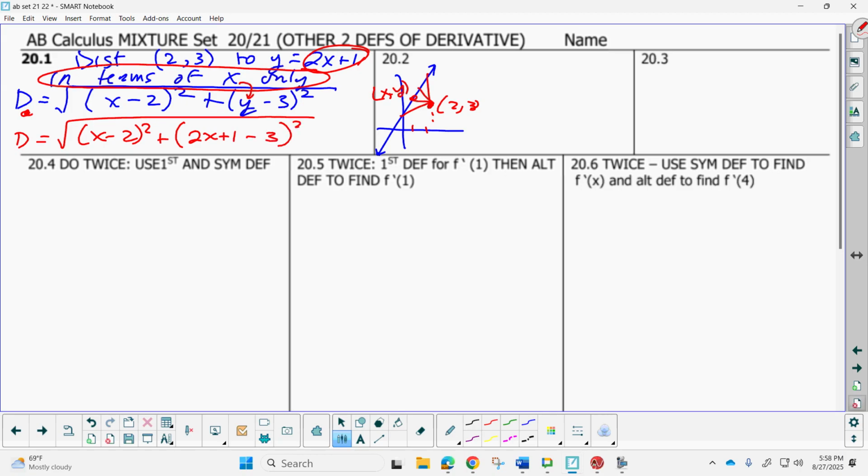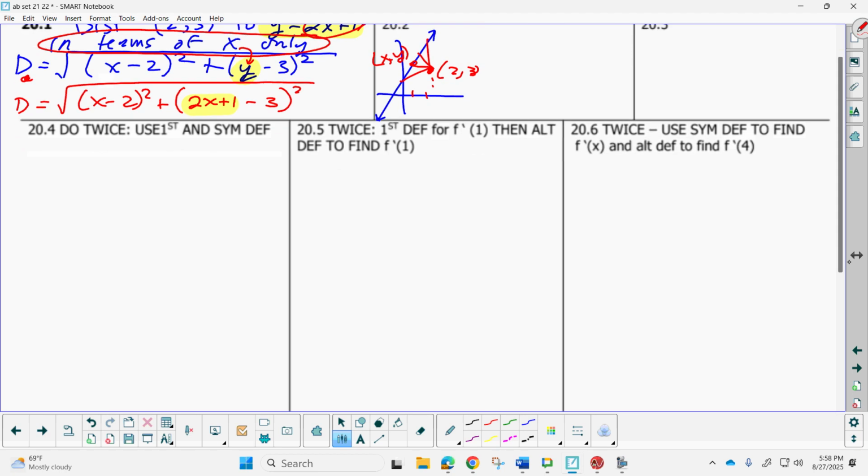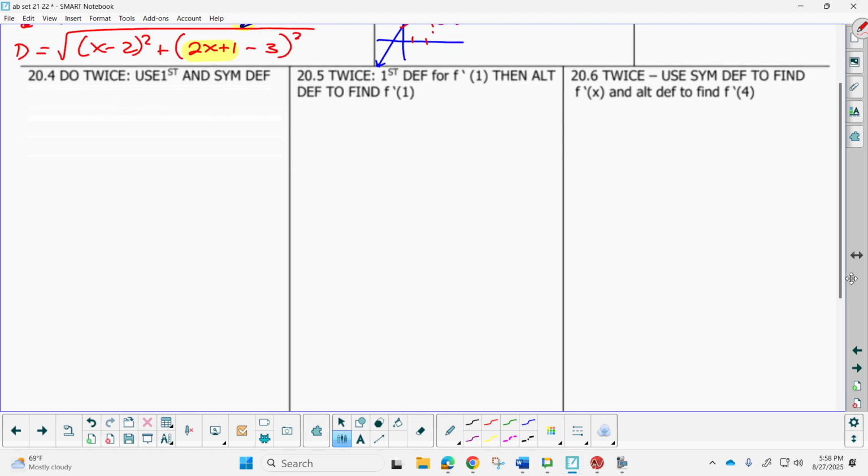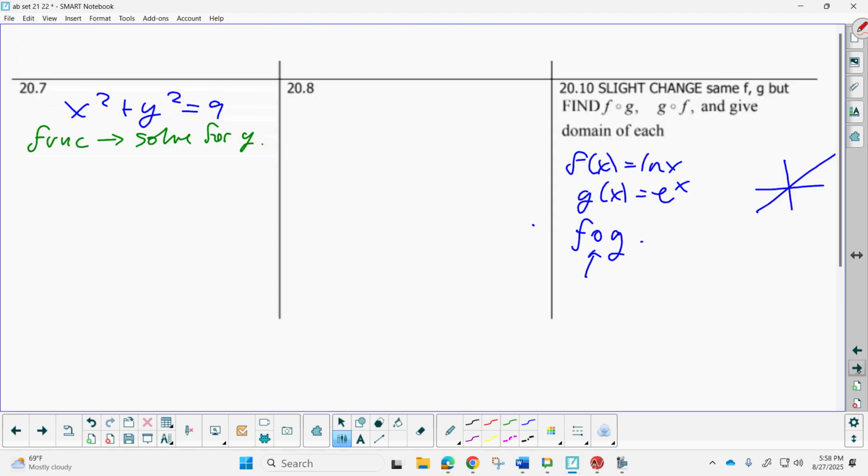In place of y, you put its equivalent, 2x plus 1, and boom. Now, if you did more, great, good for you, but I don't need any more. I've answered the question. I did the distance. It's in terms of x only. I'm good to go. I will look at those definitions of the derivative myself to see if you're doing things well.